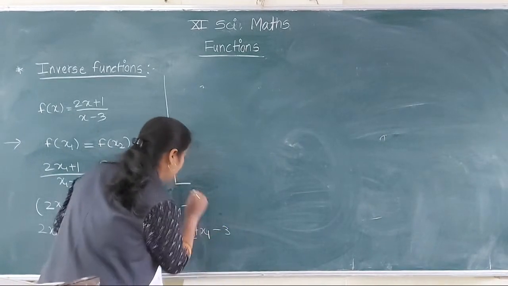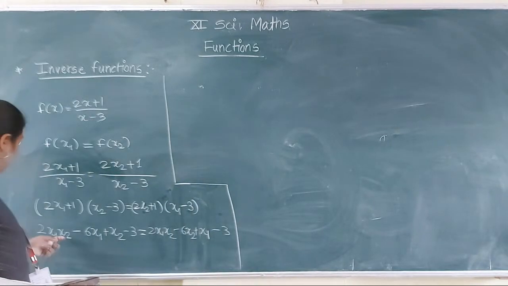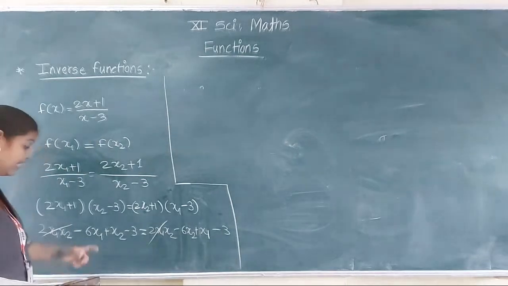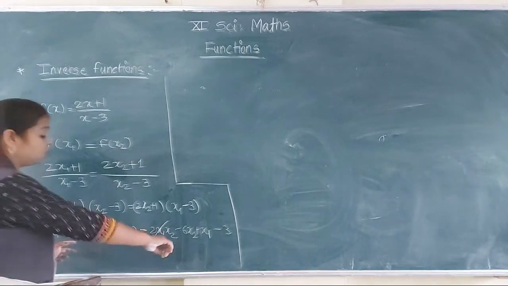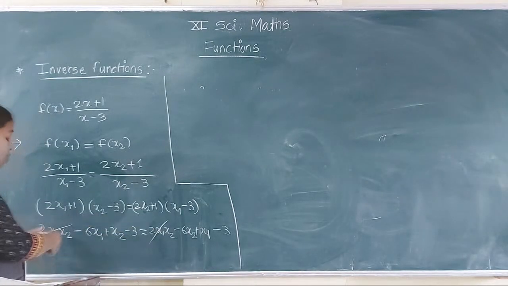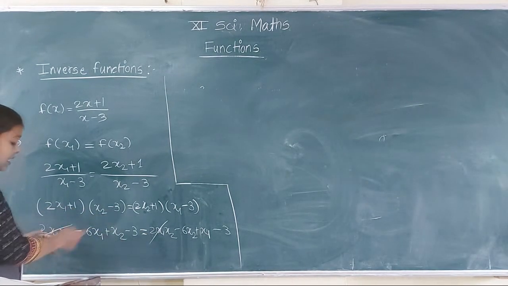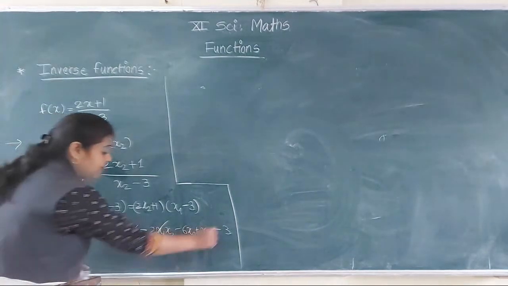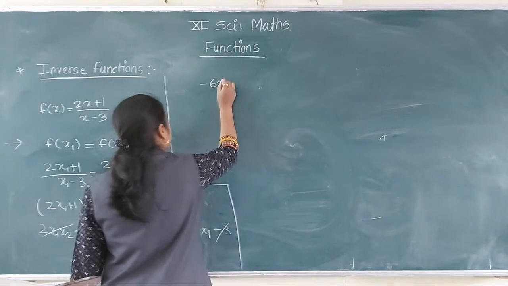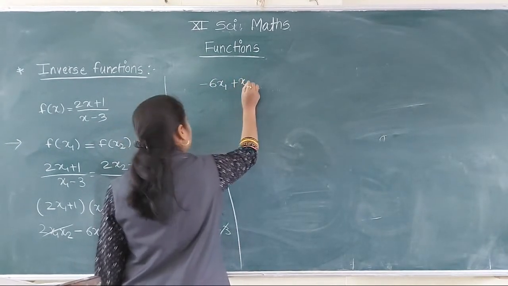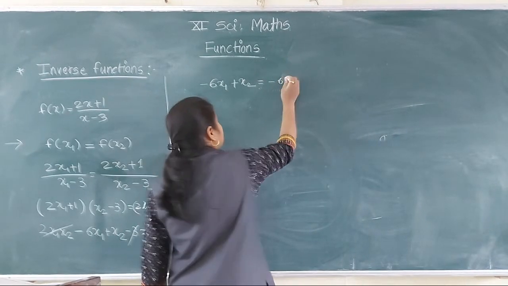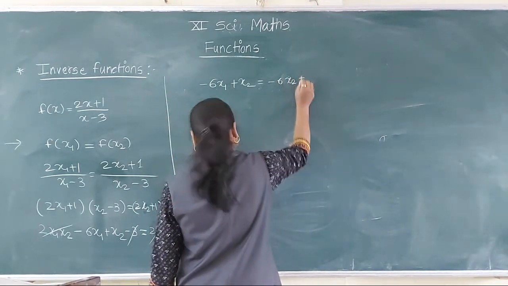So on this side we have 2x1 x2, and on the other side 2x1 x2, so they get cancelled. If we transfer this 2x1 x2 to this side, it will cancel. Minus 3 also cancels. What remains is minus 6x1 plus x2 is equal to minus 6x2 plus x1.